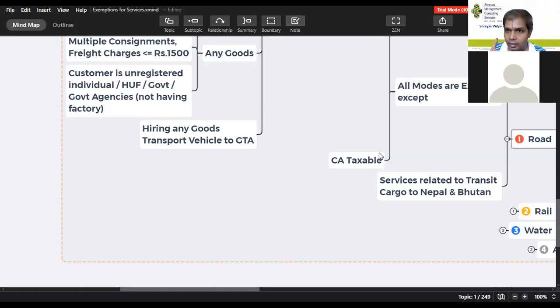Let me be clear. In that, 5 people are tourists. Whether this transport is taxable or not.